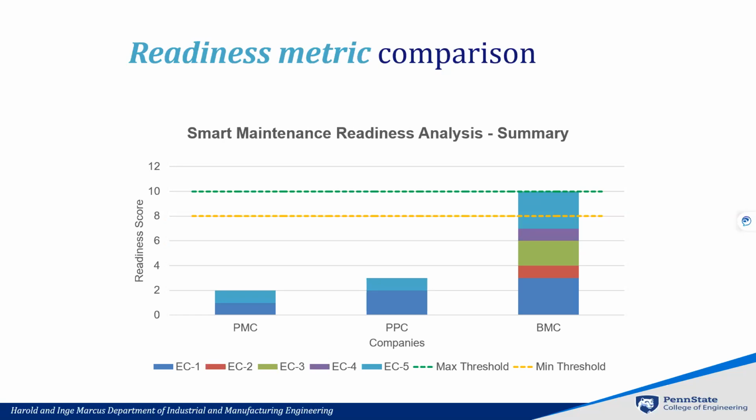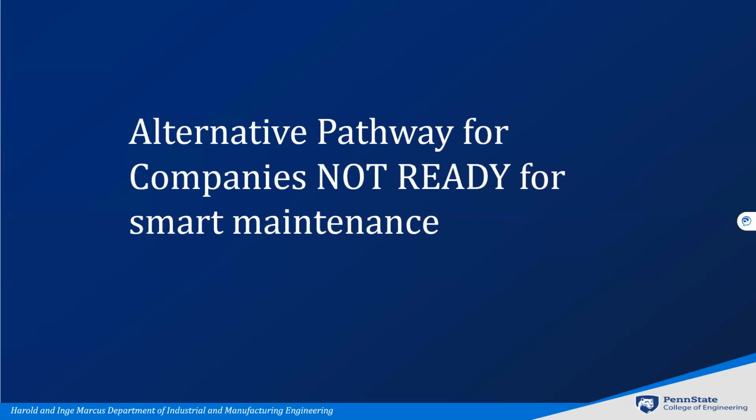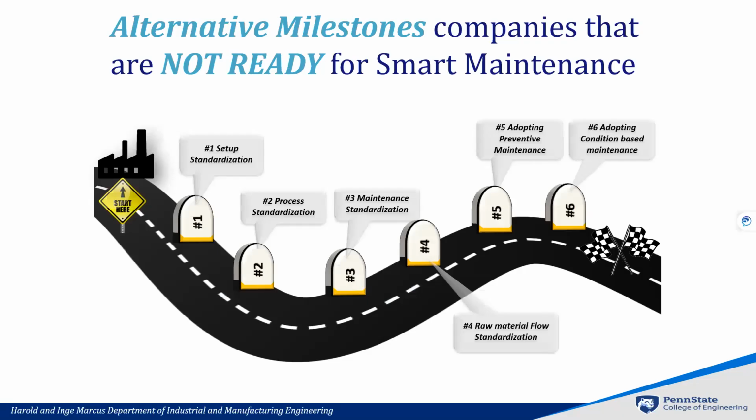And we can actually visualize this and get a sense of where the contributions might be, so the management can make a much more informed decision before really even investing in any sensors. The companies that are not ready for smart maintenance, there are various steps that they can go through.